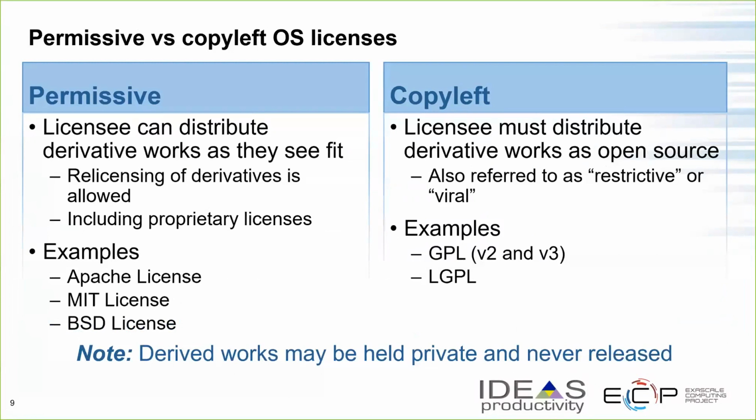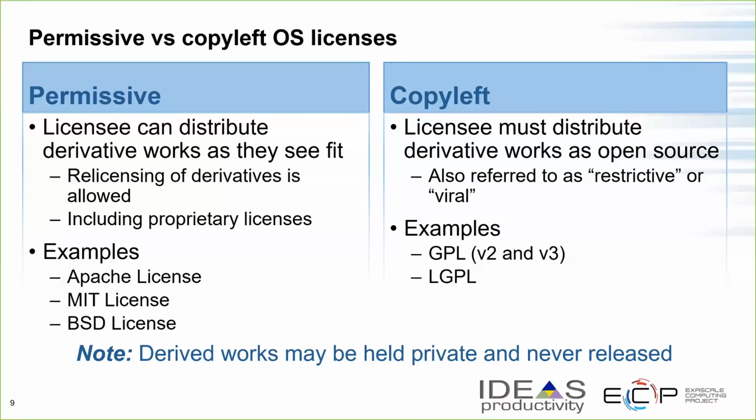And then on the other side, within this open source space, is copyleft. Interestingly, I put it on the right. I don't know why I did that. But in that spectrum I showed before, it's actually closer to the far end. And what copyleft says is that the licensee must distribute derivative works as open source, typically under the same license that they received the work. And that gives rise to terminology that you may have heard about restrictive licensing or viral licensing.